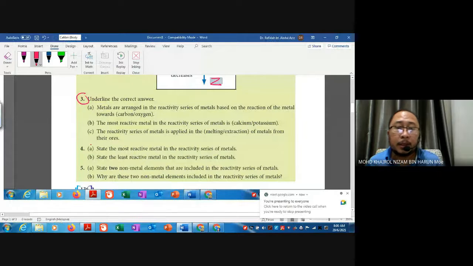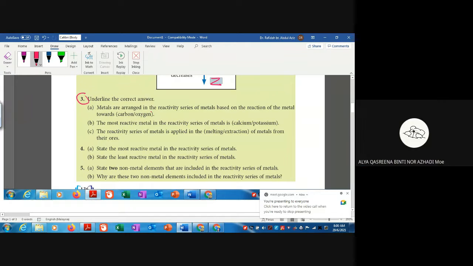Okay, question number 3. Underline the correct answer. Metals are arranged in the reactivity series of metals based on the reaction of the metal towards oxygen.